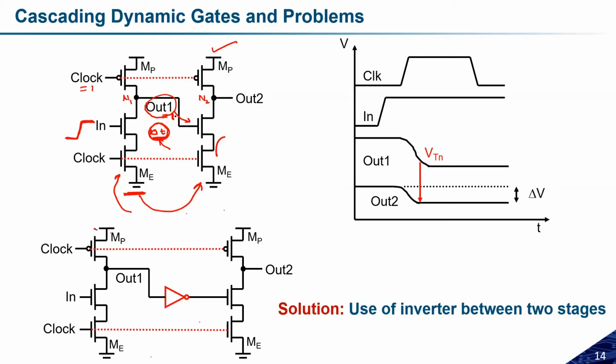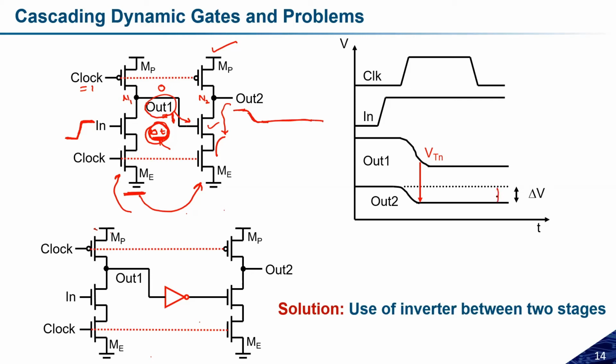Okay, so if there is some delta t delay, until that delta t time, because I have made both the dynamic logic circuits in the evaluation phase, the first dynamic circuit is in the processing state, it is processing the input logic. But because the output one is already high and this circuit is in the evaluation phase, this will treat it as an input, so this circuit will immediately start processing. So it will consider this output one as a logic 1, and it will start decreasing this output 2. Once delta t is finished, it will maintain the same thing, because now it will get logic 0, and if it is 0, then this will be in the off state, so there is no further discharge of this load capacitance, and it will maintain the same logic.